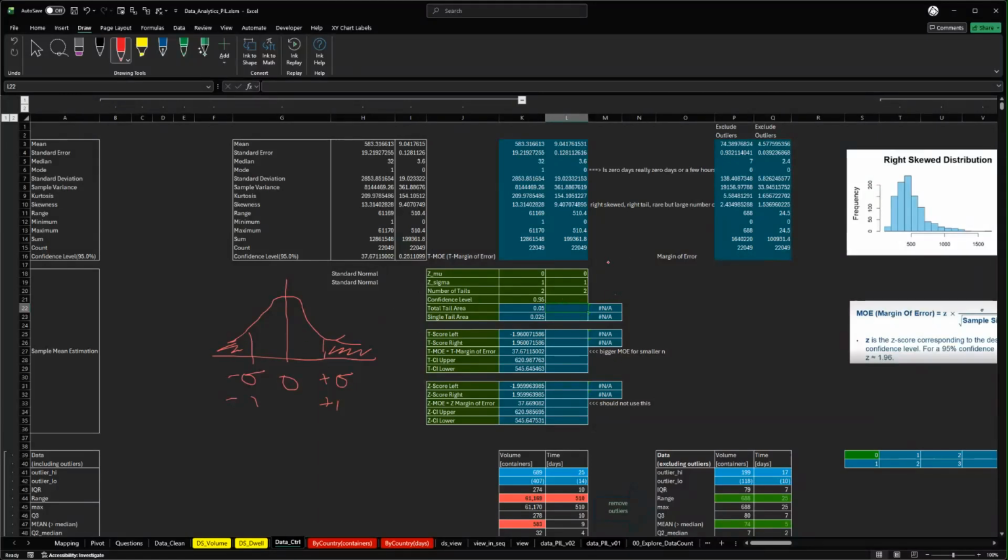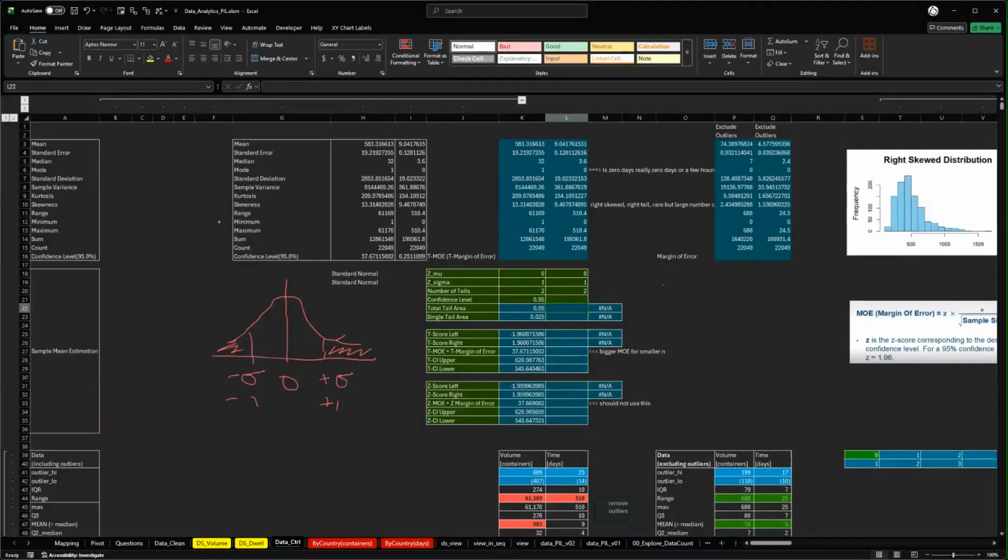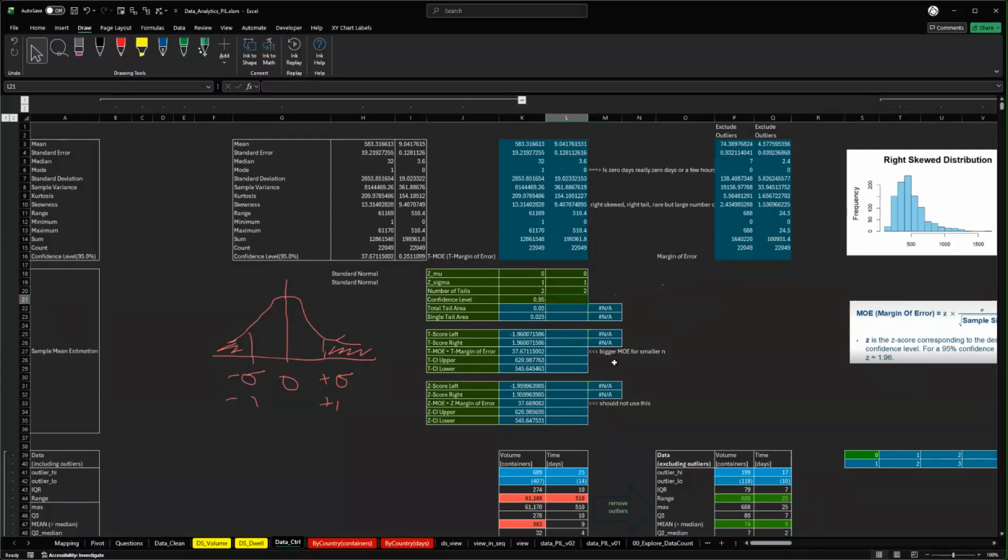So if we want a 95% confidence level, a 0.95 confidence level, then we are saying that we want the central area to be 95%, which then leaves us with 5% in the two tails. That's the total tail area, which is basically 1 minus 95%.